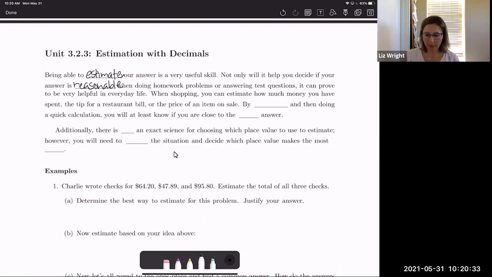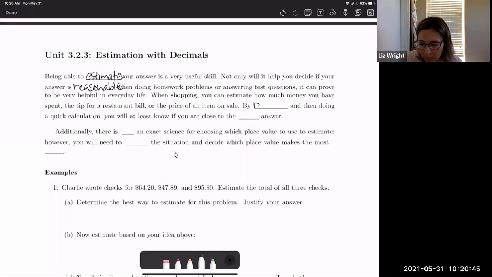So when shopping, you can estimate how much money you have that you've spent, or you can estimate the tip for a restaurant bill or the price of an item on sale. By rounding and then doing a quick calculation, you will at least know if you are close to the exact answer.